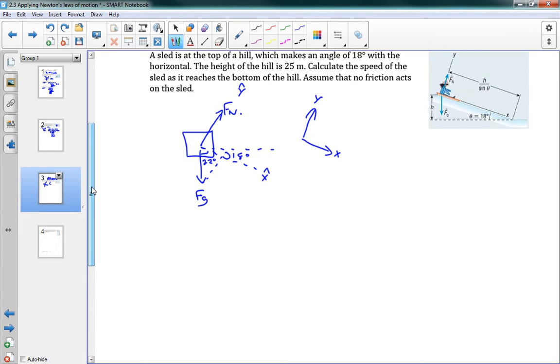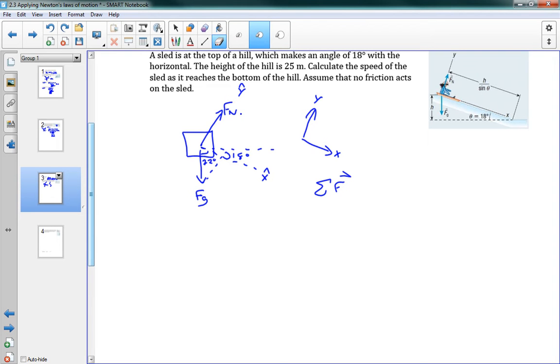Okay, excellent. So we know that the net x force, well, if we look at this picture here, we only have two forces. And the normal force is acting in the y direction. And that's going to be cancelled out by this piece of gravity. So really our net force here, I can solve this first.